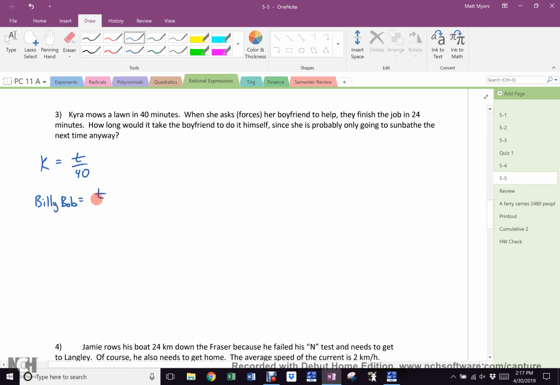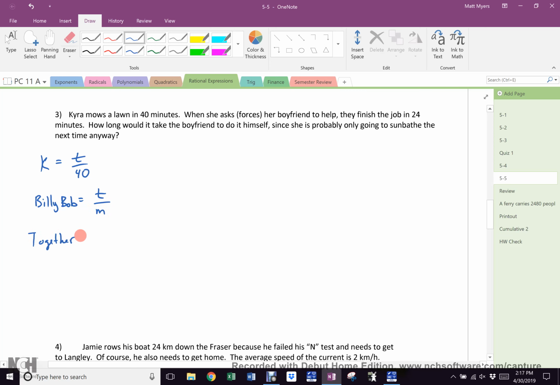Uh-oh. I don't know how long it will take Billy Bob, do I? So what must I put there? Another variable, because it's unknown, yes? Now, we are seeking minutes, right? So I'm going to go ahead and put M. Everybody cool? But we do know how long it takes them together, which is how long?